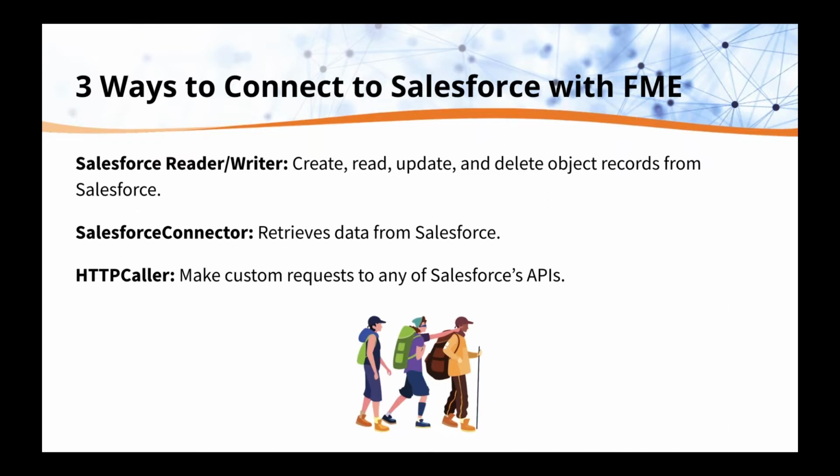We also have the Salesforce Connector. Now, this is our best performer for targeting and reading data. And lastly, the HTTP caller is our all-star transformer for working with APIs, all APIs, but Salesforce in particular has quite a few to choose from, and we'll look at those as well. So the HTTP caller is going to be the best tool for making custom requests, with whatever API you choose to use.